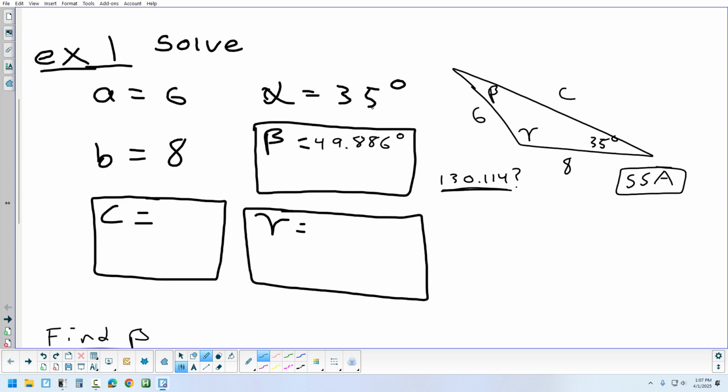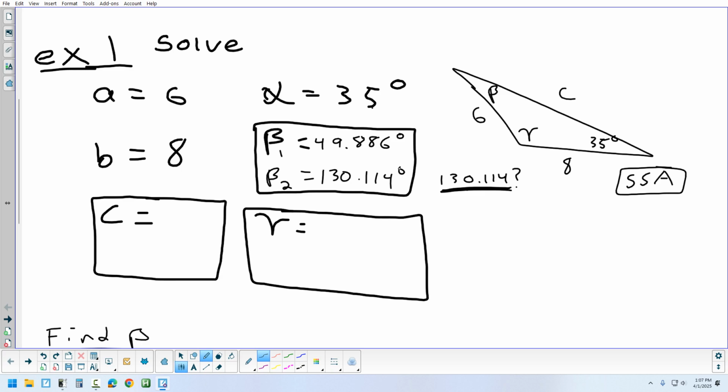Is that under 180? Yes. So it works. Because the second answer plus the one we were given is under 180, you need to write the second answer down. So we'll call the first answer beta 1. We're going to call the second answer beta 2.